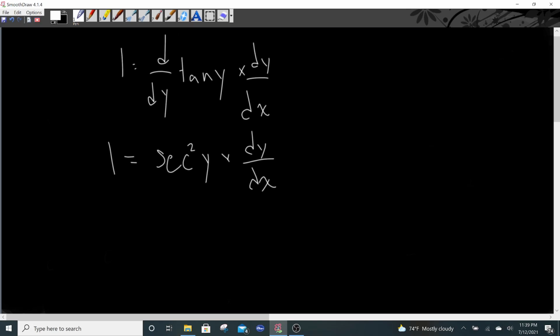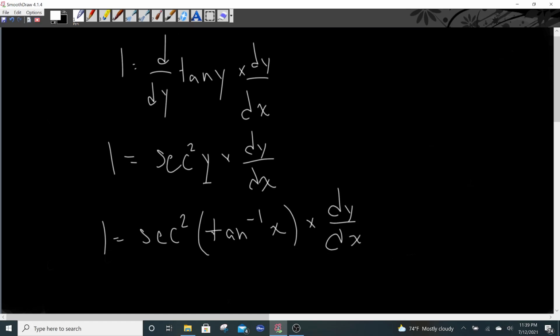But we're actually gonna do something kind of unique-ish to this one. We're going to substitute this in just a touch earlier than we might usually, and we'd say 1 is equal to secant squared of inverse tan x times dy/dx.